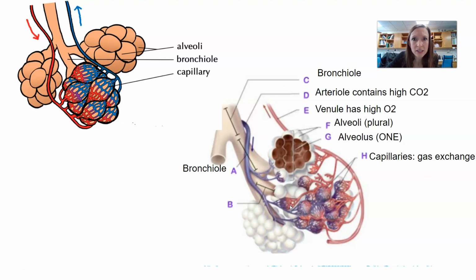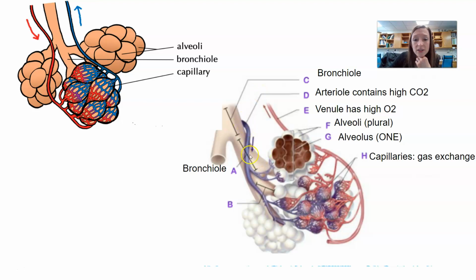Does that really happen in real life? No, you don't have a color change like that. It's just that in this model, we are symbolizing oxygenated blood with the red color. And so once blood has picked up oxygen, it's going to flow back out into the venule, and eventually it'll form with the vein and go back into the pulmonary vein into the heart.